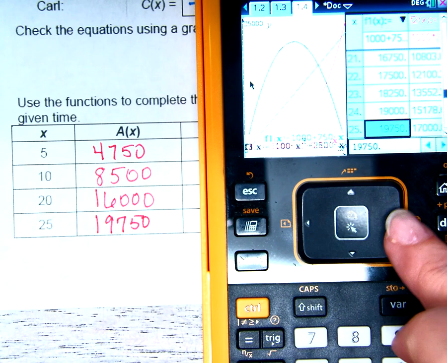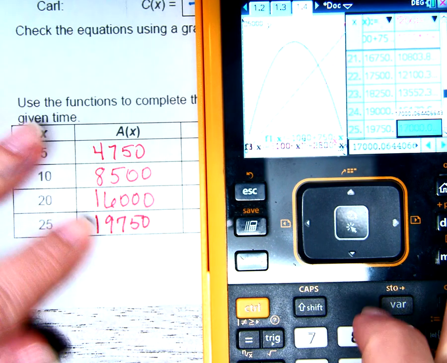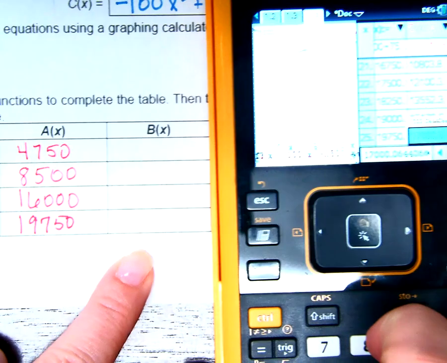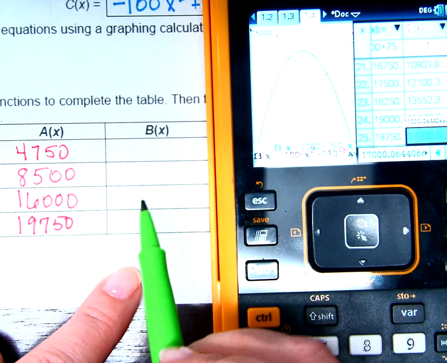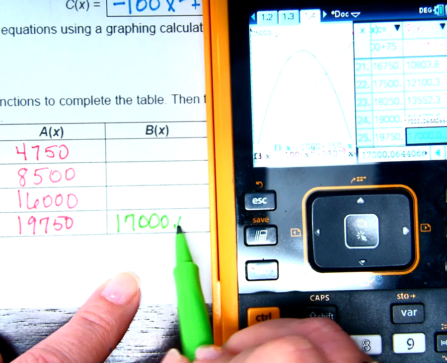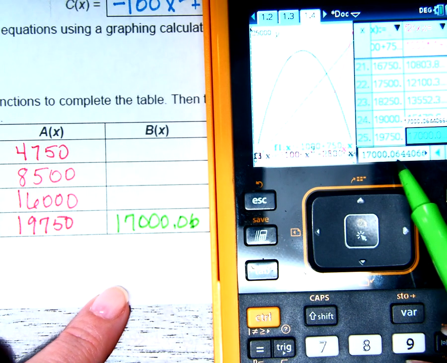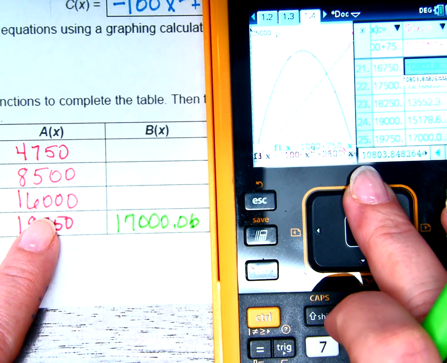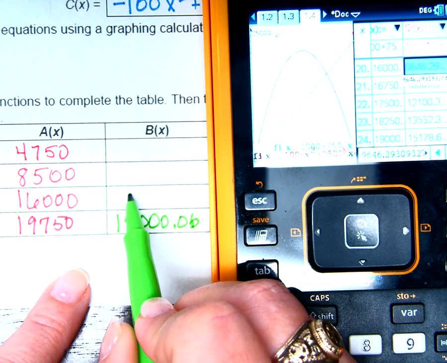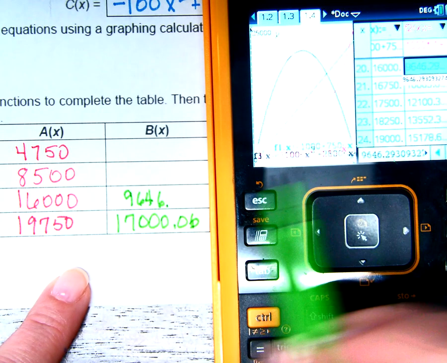Now, since I'm already down here at 25, can I just right arrow over to look at Bernice's numbers? So how much does Bernice have after 25 years then? And 6 cents. I can look right here to see it for sure. Then I'm going to go up to 20. 9,646 and 29 cents.